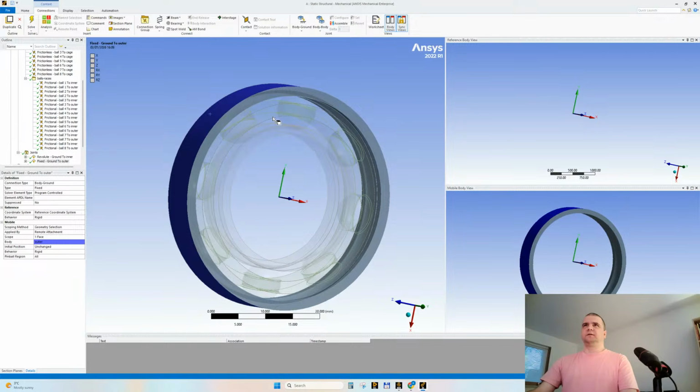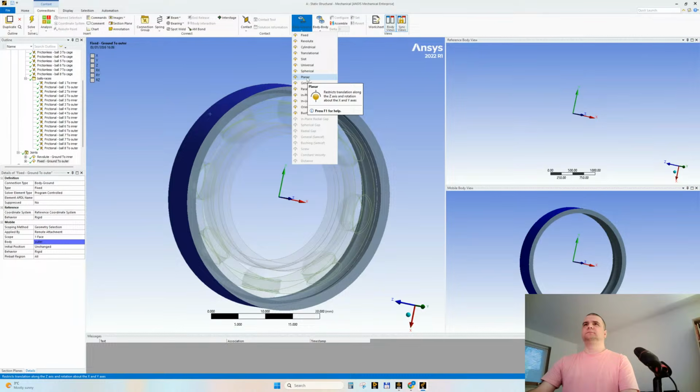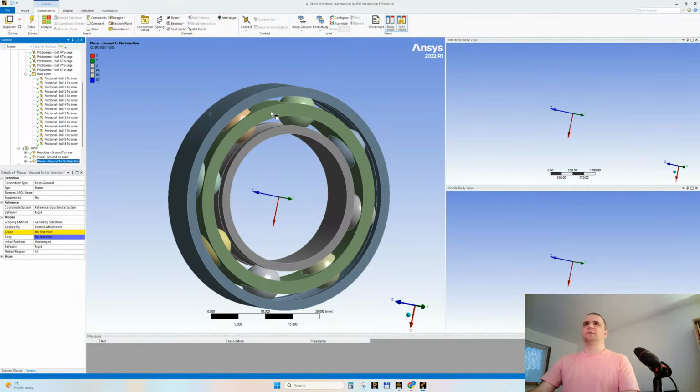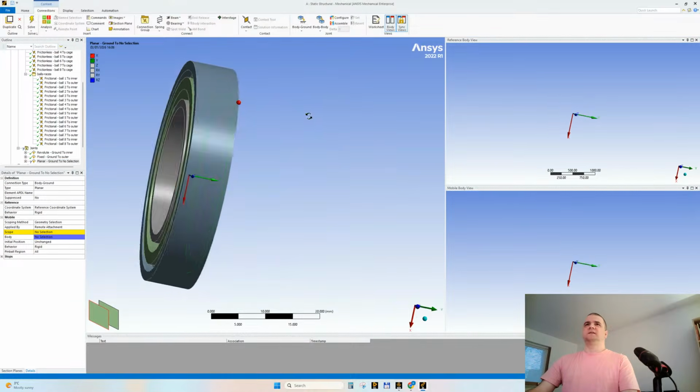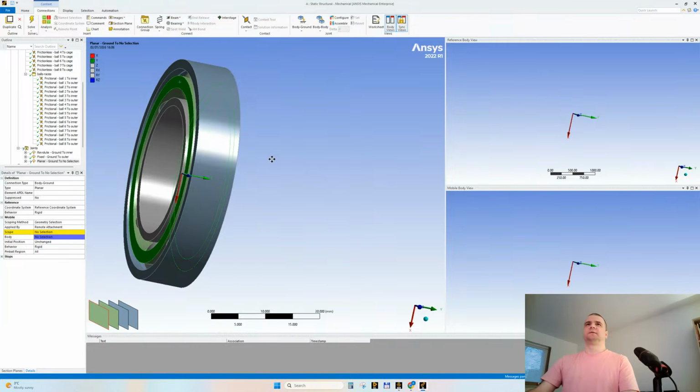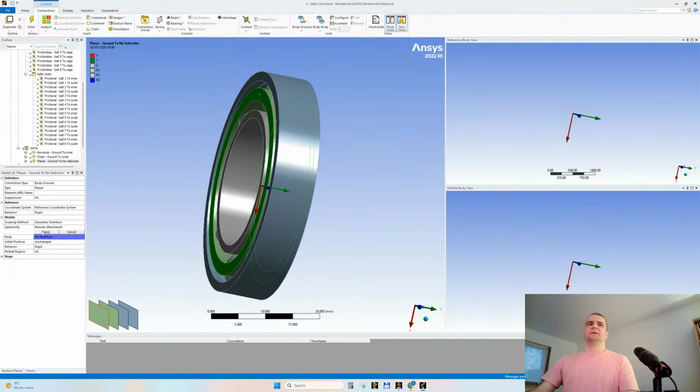And regarding this cage, we can either select body ground planar joint, or we can input a frictionless support. Let's make a planar joint. So I will select these two faces and click here.